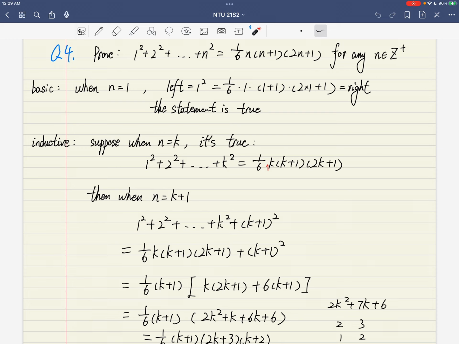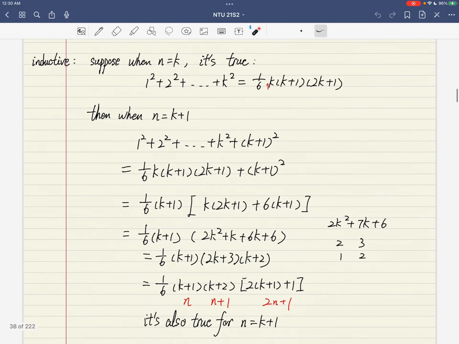On the left hand side, it's just 1 squared. On the right hand side, it will be 1 over 6 times 1 times 2 times 3, so it will also be 1. So when n is 1, the left is equal to the right. So the statement is true.